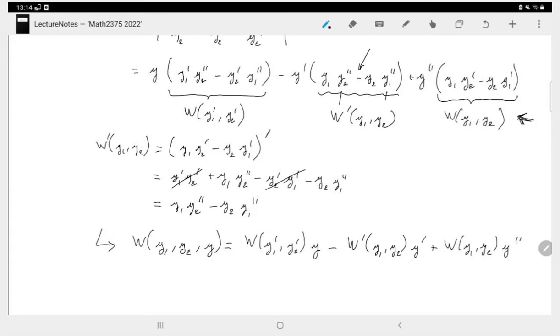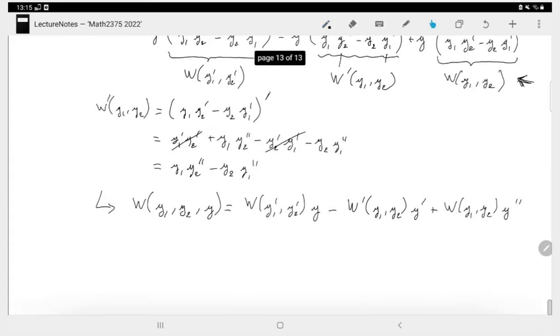And what we're going to be looking at now is to calculate the ordinary differential equation that satisfies the equality that this Wronskian is equal to 0. So we're going to set W(y1, y2, y) equals 0.